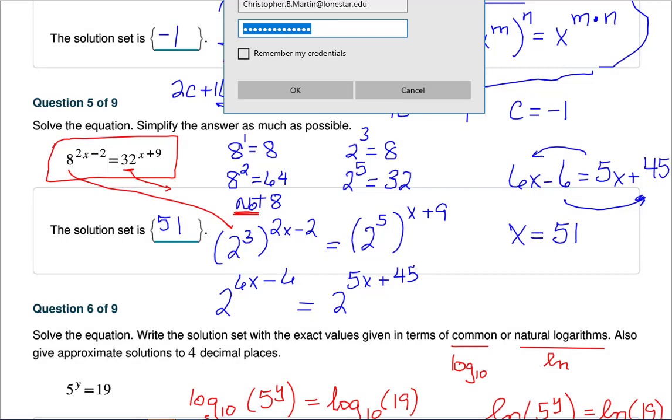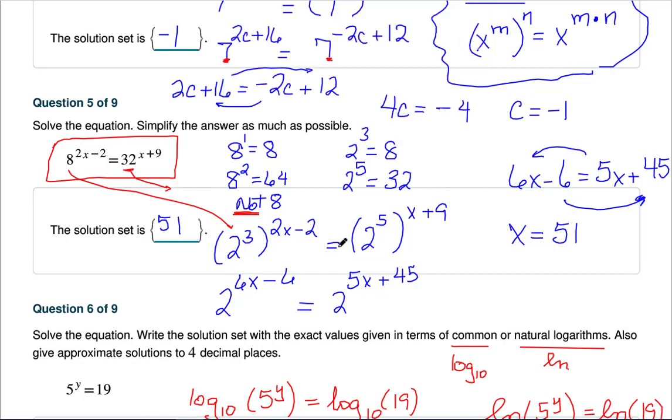We've got 5 times x plus 9, so 5x plus 45. And so great, we finally do have the bases the same. Therefore, the exponent parts have to be equal. Subtract 5x, so 6x minus 5x is x. Move this minus 6 to the right. 45 plus 6 is 51.